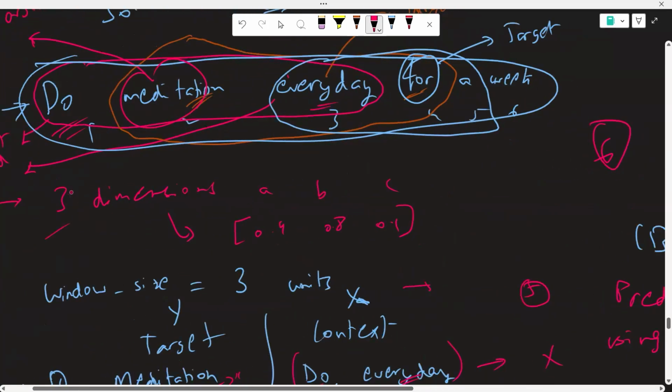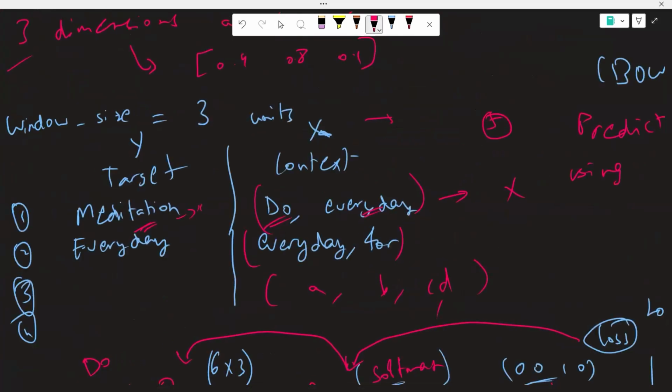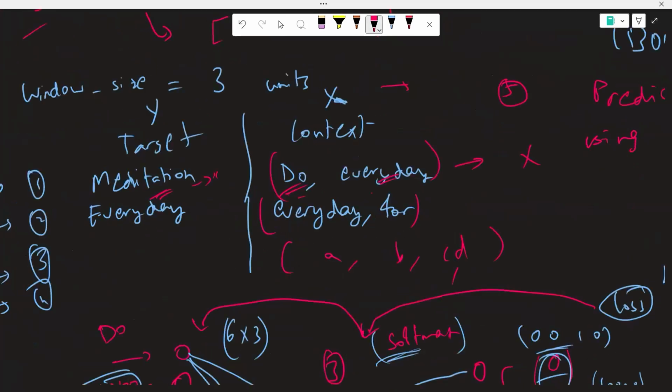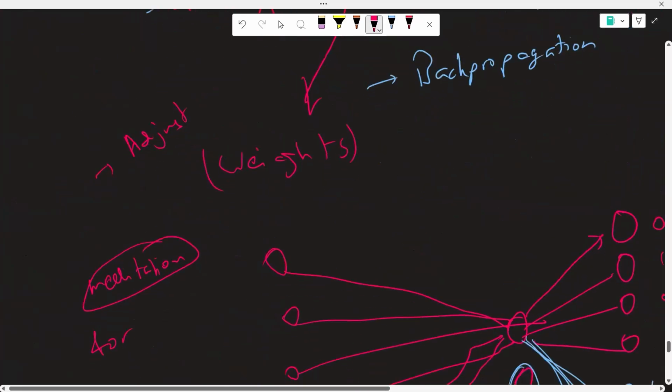And over here, what will I do? If I want to predict meditation, what is the representation? I will pass do and every day, and it will give me a representation of meditation. Okay, that's one thing. In the other case, skipgram, the opposite will happen.